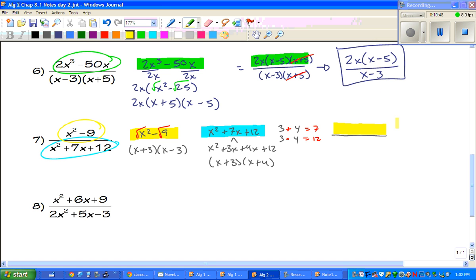So the hardest thing about these problems is trying to keep track of all of the data. All right, we have x plus 3, x minus 3, and then we have x plus 3, x plus 4. Okay, the 3s cancel out, and we're left with x minus 3 over x plus 4.